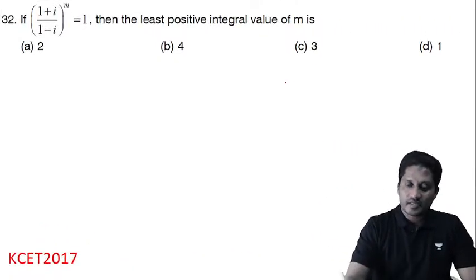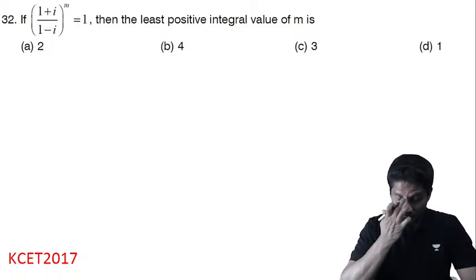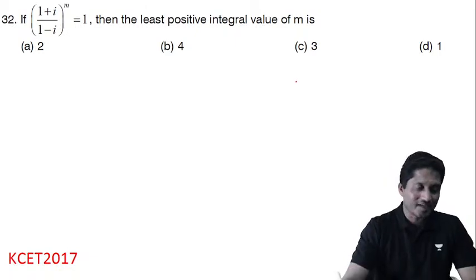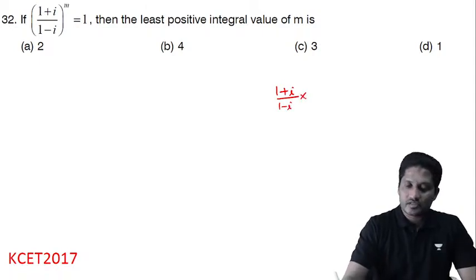See, 1 plus i upon 1 minus i. If I multiply and divide by its conjugate, 1 plus i divided by 1 plus i, this is 1 plus i the whole square.